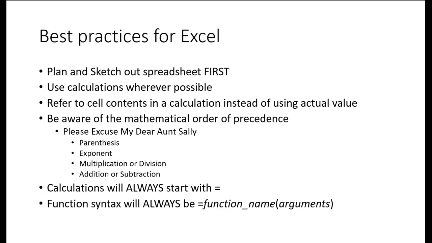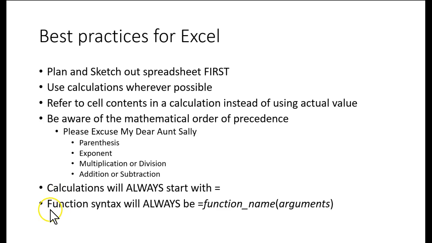And then the fundamental thing that you'll find out in this chapter is whenever you're doing any kind of calculation, always start with an equal sign. That's the trigger that tells Excel that you are creating a calculation, and I'll show you that in a couple of minutes.